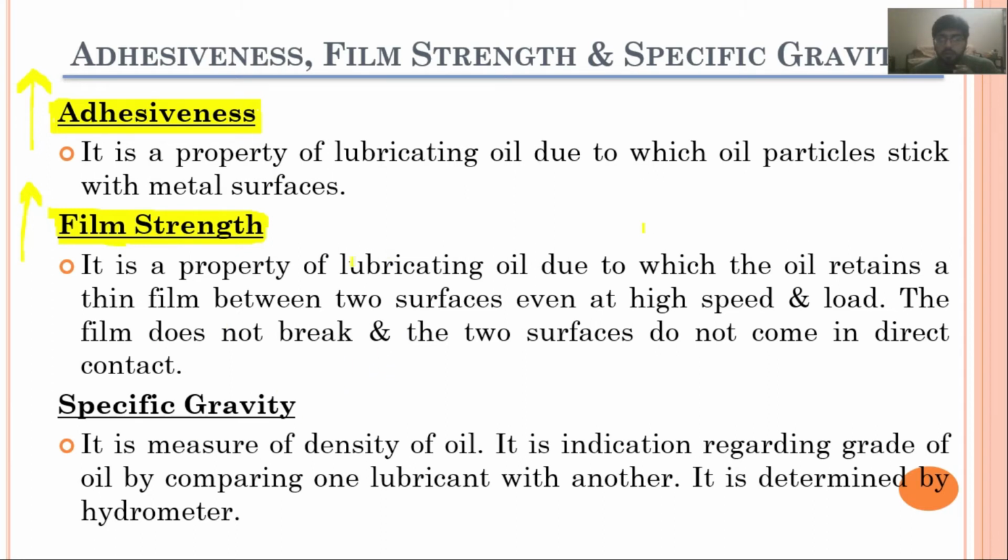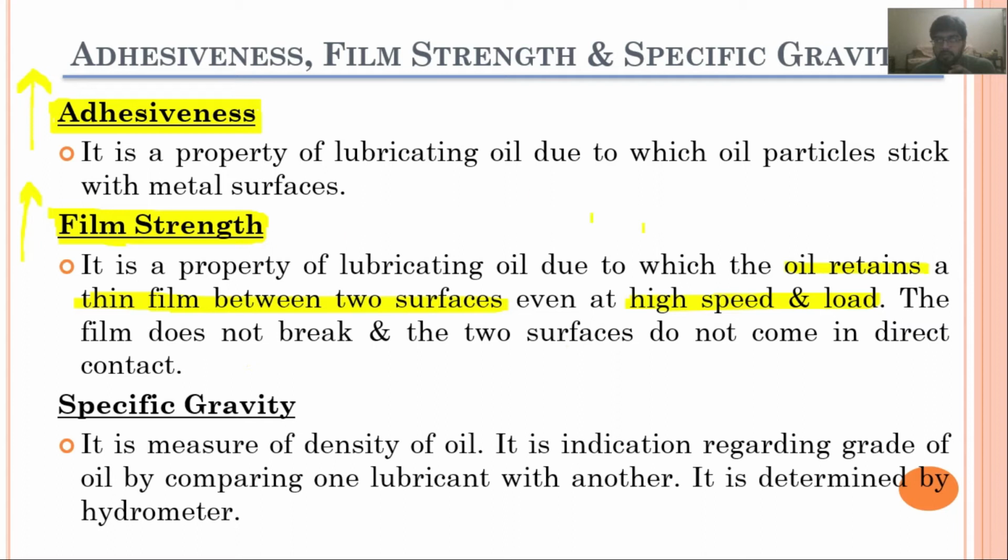It is a property of a lubricating oil due to which the oil retains a thin film between the two surfaces even at high speed and loads. The film does not break and the two surfaces do not come in direct contact.